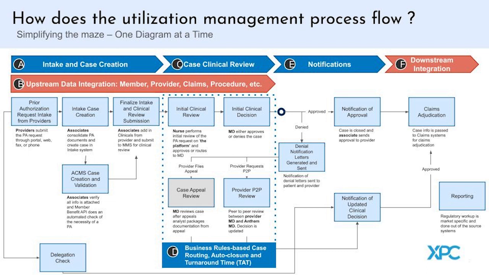Oftentimes what happens is that some of these validations that I'm talking about, such as benefits and provider, fail. And when these validations fail, you have something called intake staff. Intake staff are individuals who have been trained on the system, who've been trained on how to fetch information, but do not have clinical acumen on making decisions.